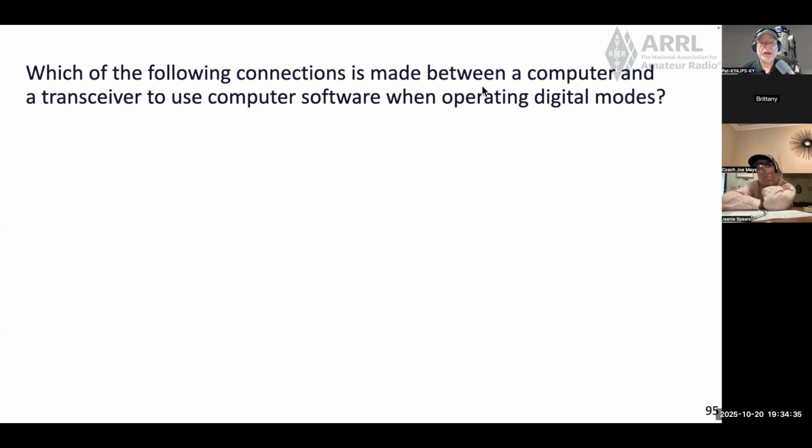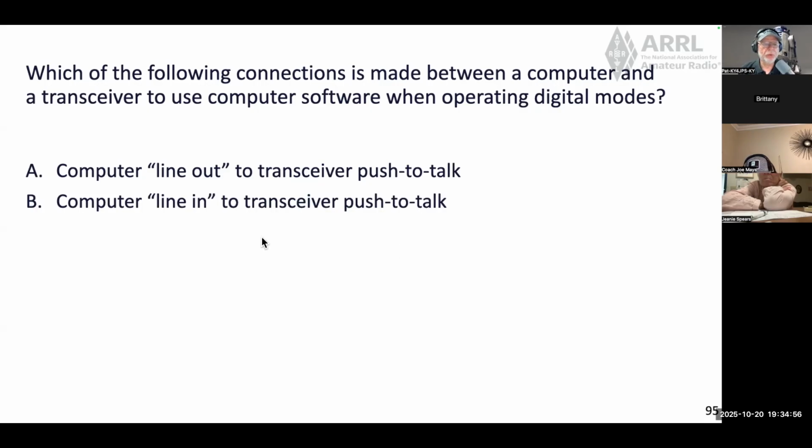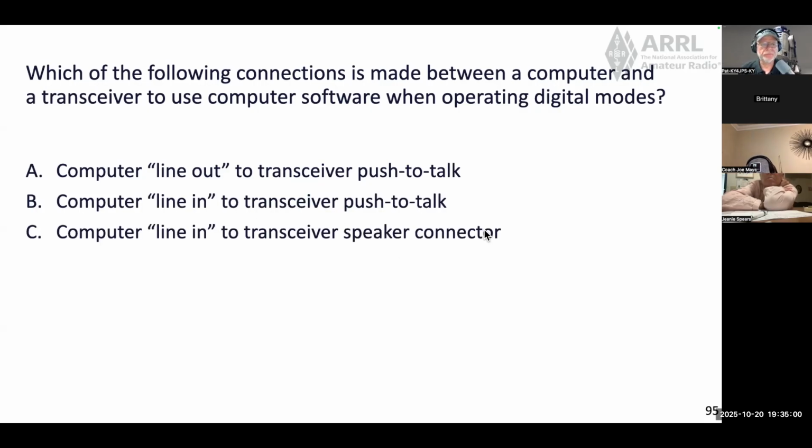Which of the following connections is made between a computer and transceiver to use computer software when operating digital modes? Computer line out to transceiver push to talk. So line out means you've got an audio signal going out, and it's saying going to the receiver push to talk. Computer line in to transceiver push to talk.